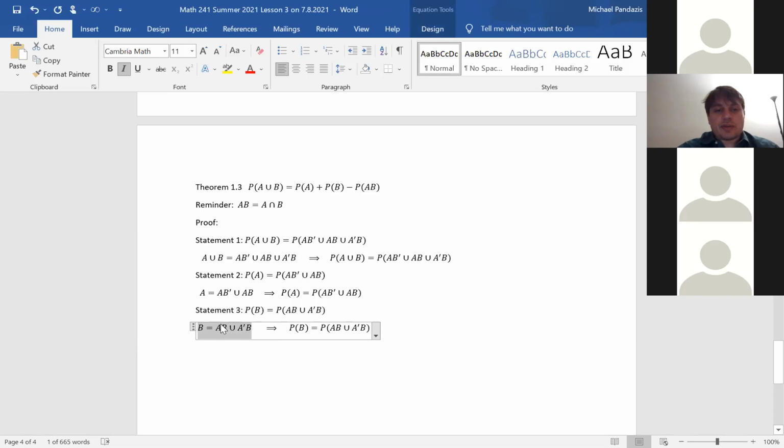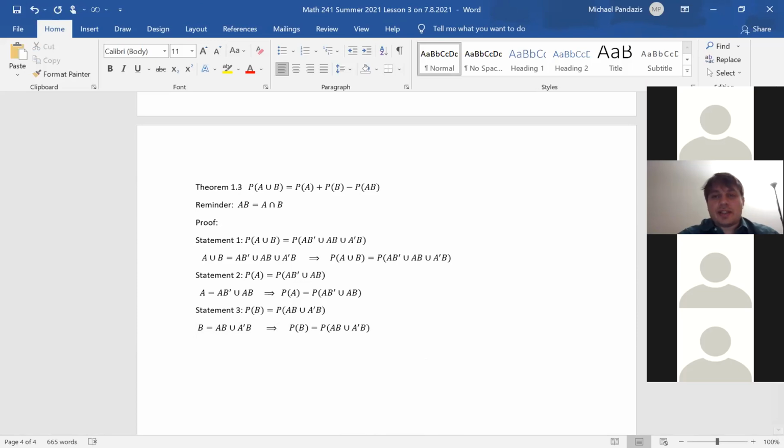When I show that equality of sets, that will imply that P of the left-hand side set is equal to P of the right-hand side set. And then we'll have statement 3. So this is the goal of the whiteboard in a few seconds. And you see the logic of how you can apply that.